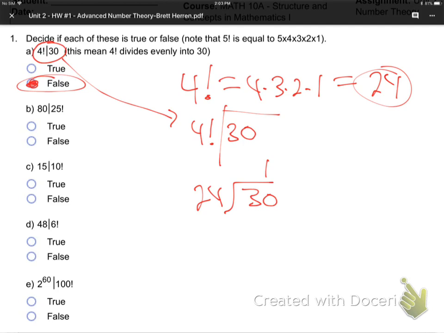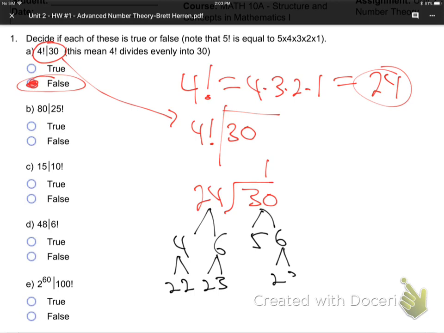So let's see what's in a 24: 4 times 6, 2 times 2, 2 times 3. What's in a 30? 5 times 6, 2 times 3. Here are the primes of 24 and the primes of 30. Remember, one number goes into the other if all its primes are in there. So why doesn't 24 go into 30?